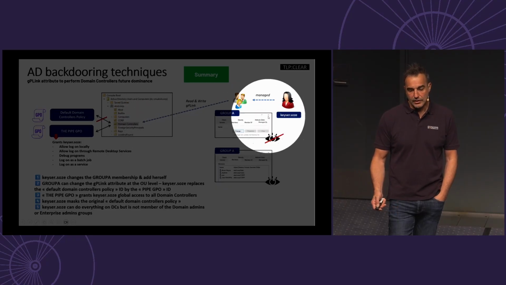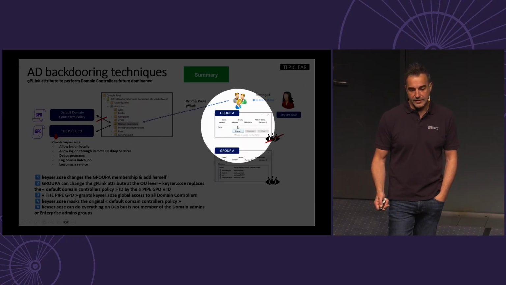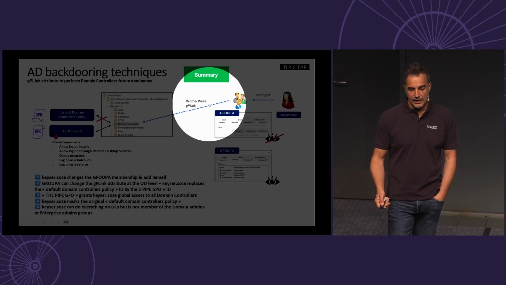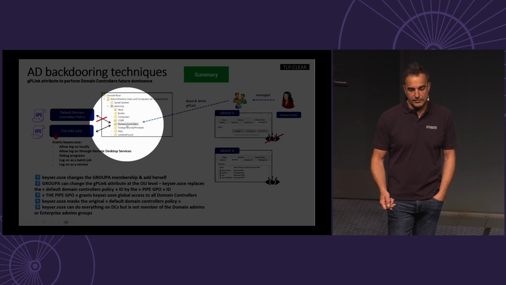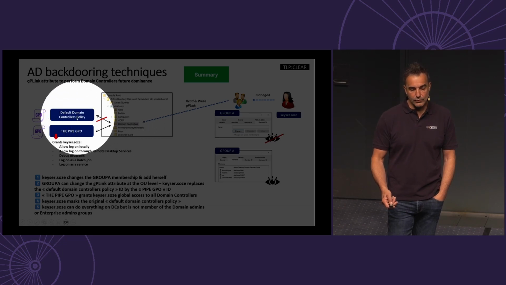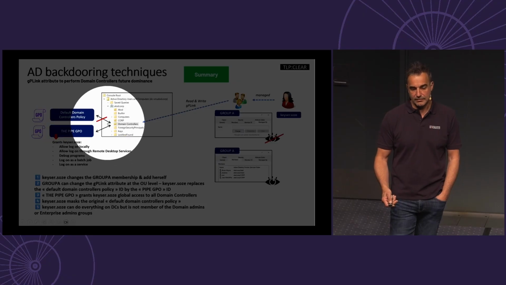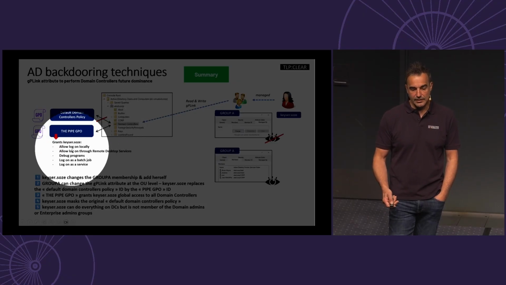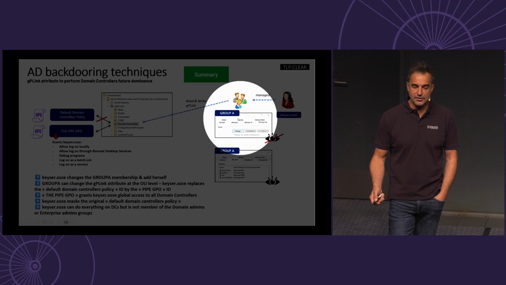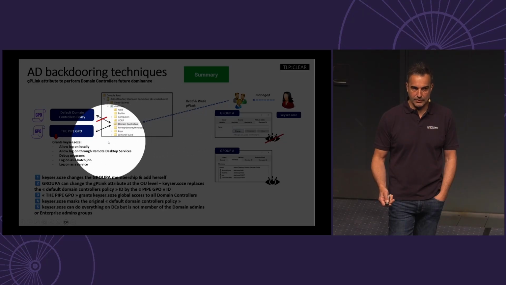And now, as soon as you put this guy in this group, he will be able to modify the gPLink, modify the value in the gPLink attribute, remove the default domain controller policy, and put the pipe GPO instead. And in the end, Kaiser-Soze will get this kind of access, for example. Okay? So here you mix the manage-by and the gPLink method.